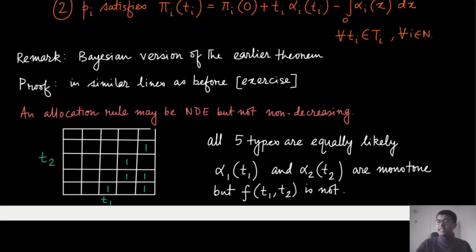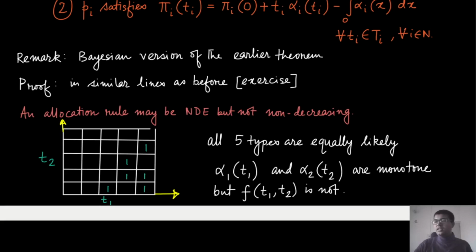The x-axis shows the types of player 1 and the y-axis shows the types of player 2. The boxes where 1 is written show that the object is allocated to player 1, and for the blank boxes, it is allocated to player 2.